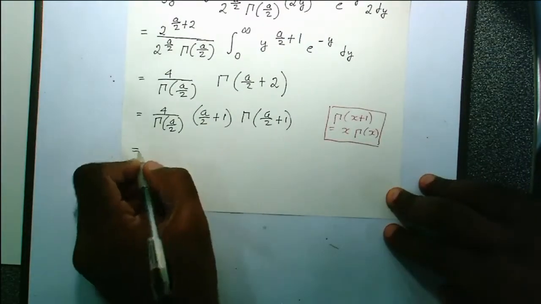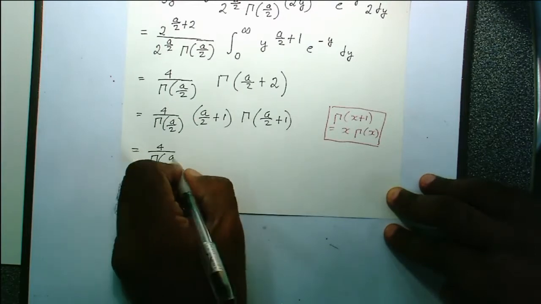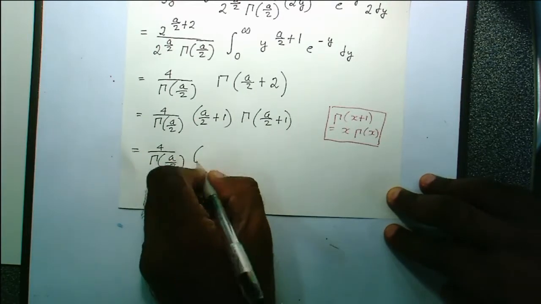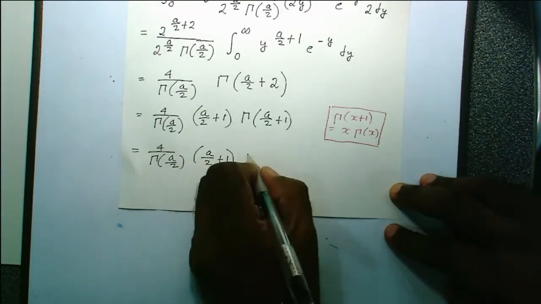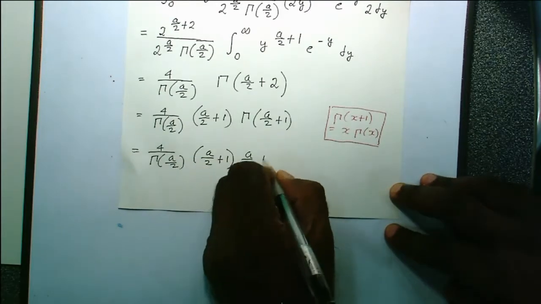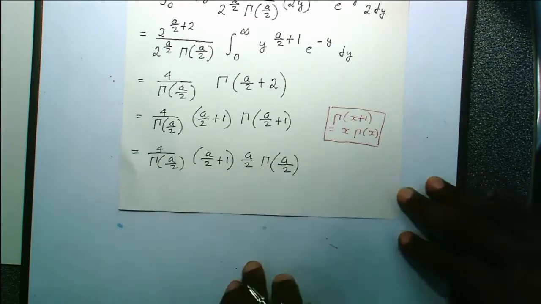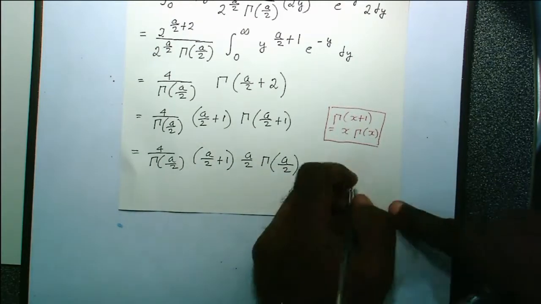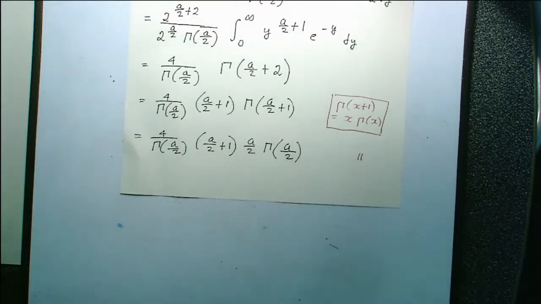All right. This is using once again the same property. You get this to this, right?